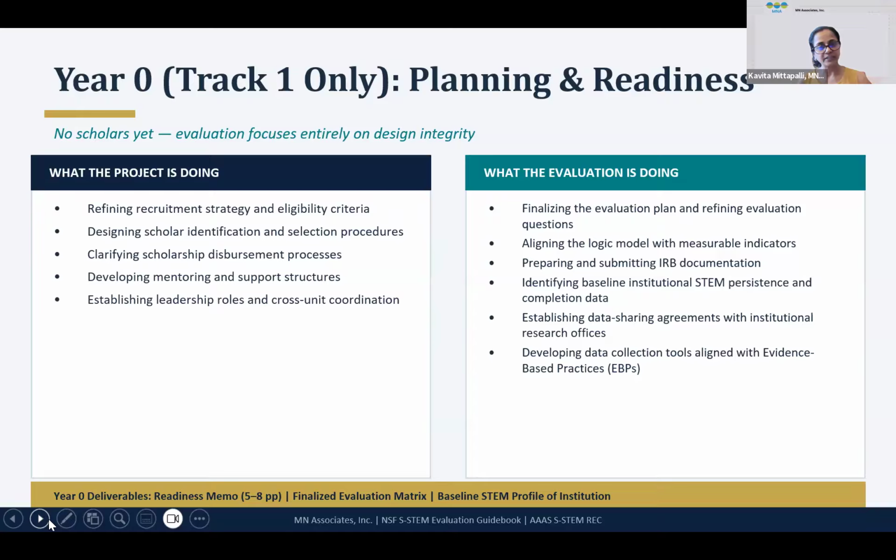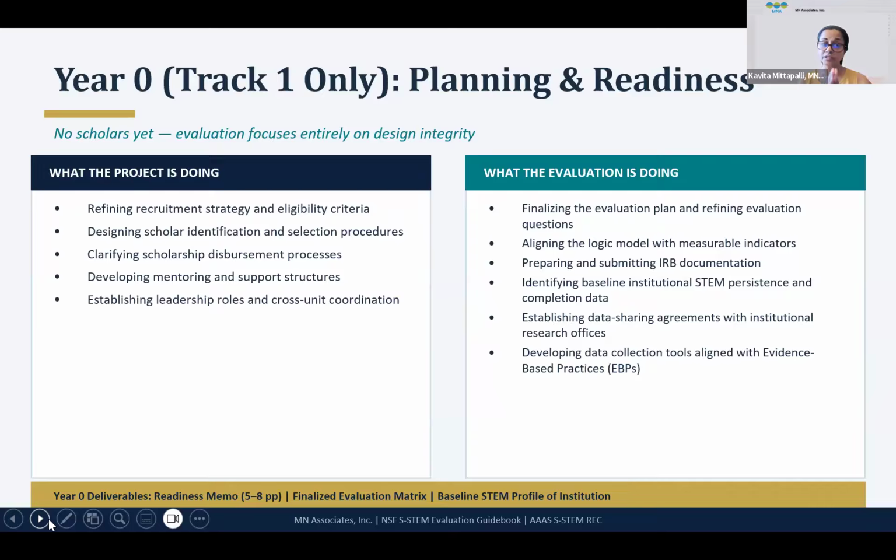Your S-STEM project is refining the eligibility criteria of the scholars, redesigning the selection procedures, clarifying disbursement procedures, establishing relationships, even establishing cross-unit coordination in year 0 for track 1. The evaluator, on the other hand, is simultaneously finalizing the evaluation plan and the logic model.